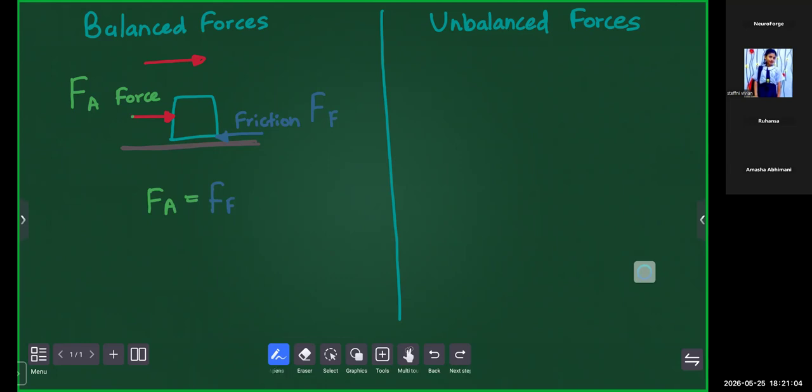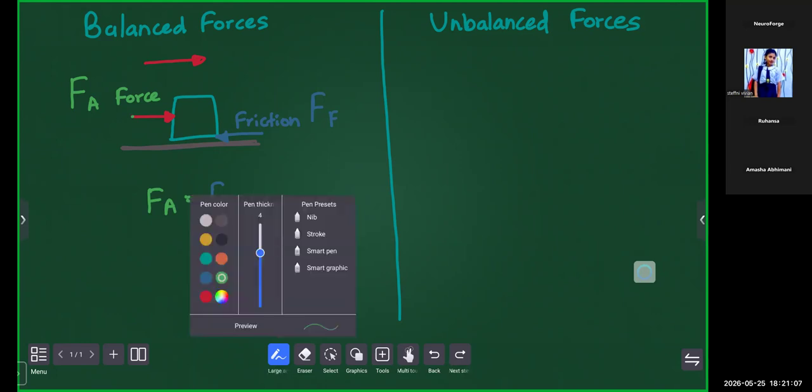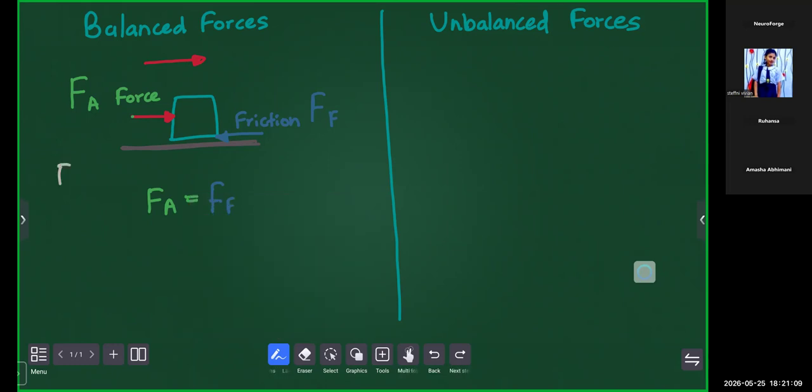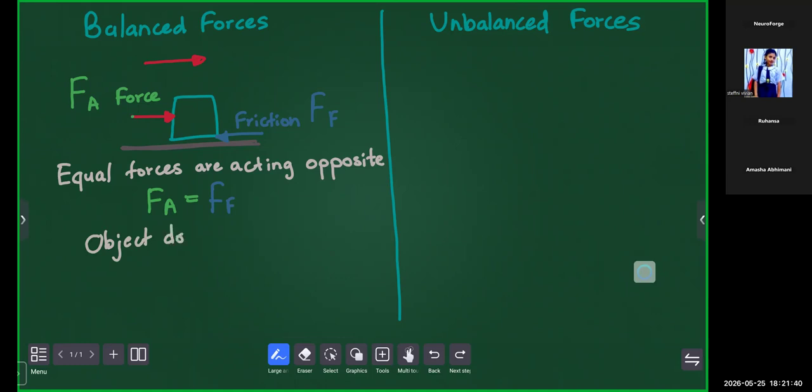Equal forces are acting opposite, which means the object can't move. Okay? The object does not move. Remember that.